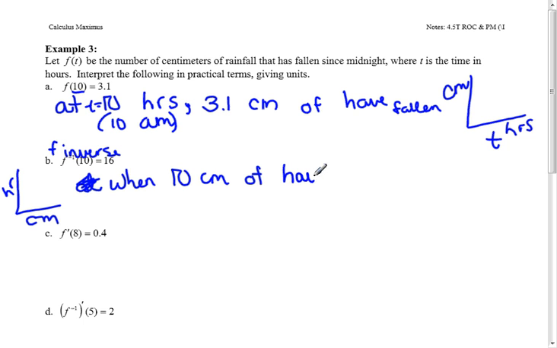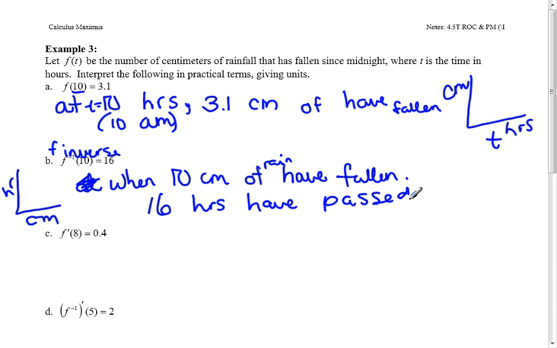So right at that point when 10 centimeters of rain have fallen, then 16 hours have passed. Because time's accumulating here. When 10 centimeters of rain have fallen, then 16 hours have passed. It's like the opposite of what we did before. That's what an inverse function is.